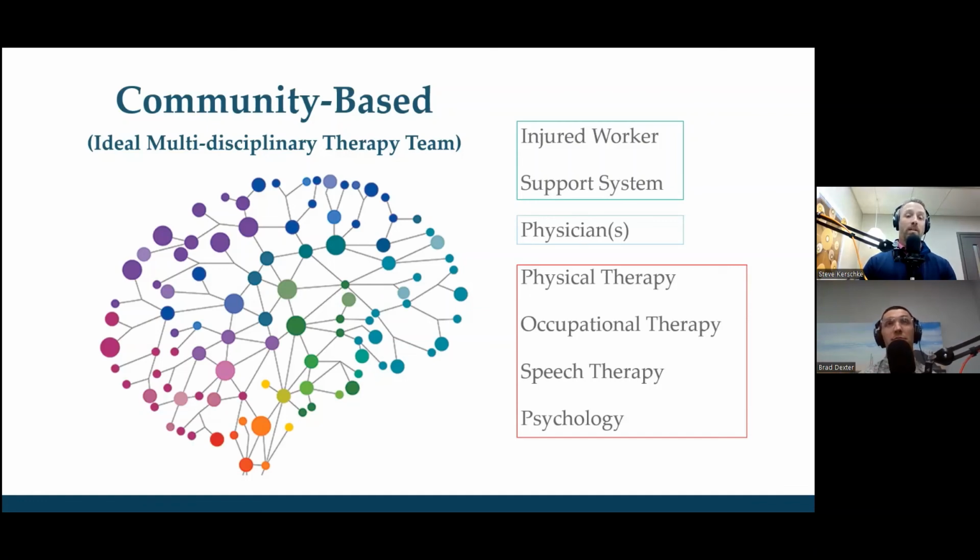Yeah, I mean, I think the other component is from a learning perspective, right? How many times might they be out in the community and they happen to be with the speech therapist or the occupational therapist and they're working on mobility and walking and whatever else they might be doing out there, and it's an opportunity to be supported by someone who understands, like, oh, I know Brad's working on this, and how can I be supportive of that and add a few repetitions of that along the way.